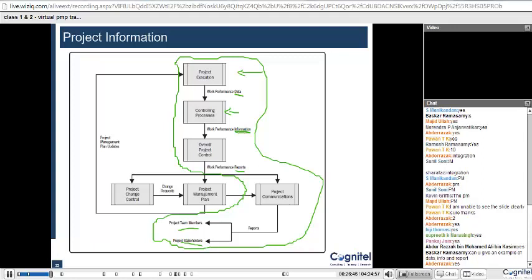Now when you are controlling, you are trying to analyze this data and understand how much we are ahead of schedule, behind schedule, or running on schedule, what is the utilization of the resources, what is the remaining availability of the resources, or how much resource consumption we have already done.